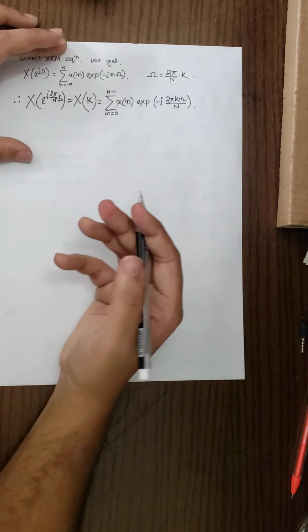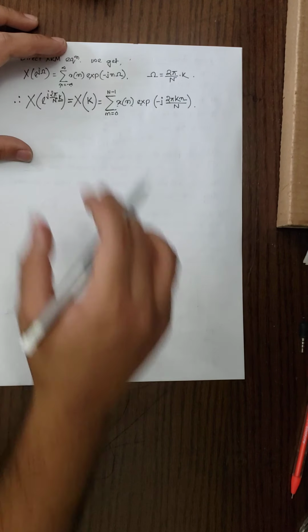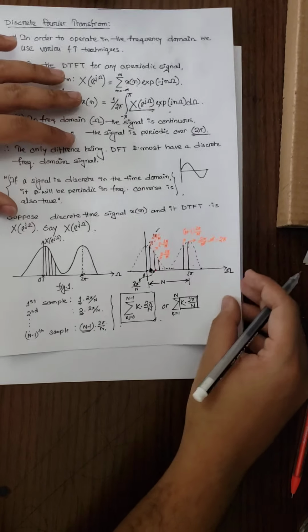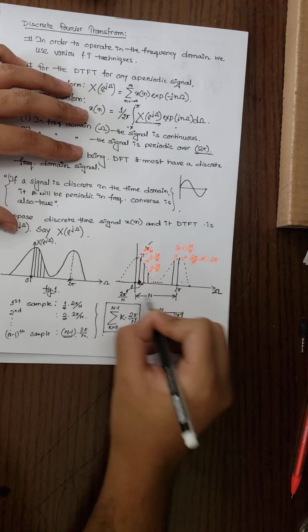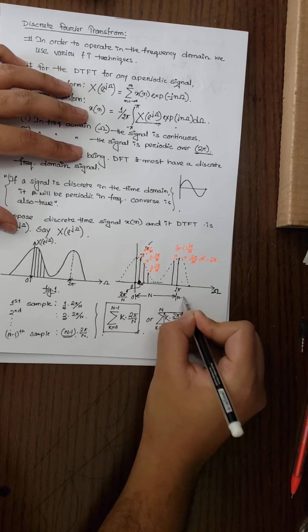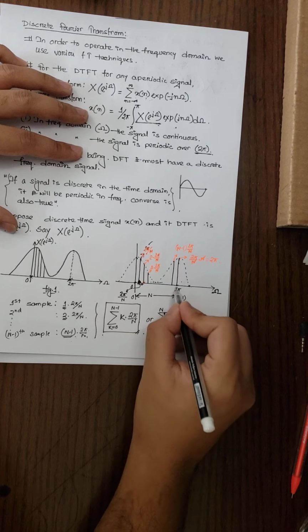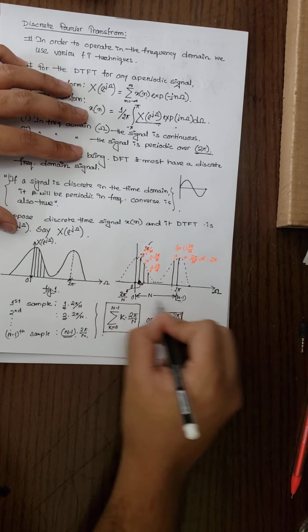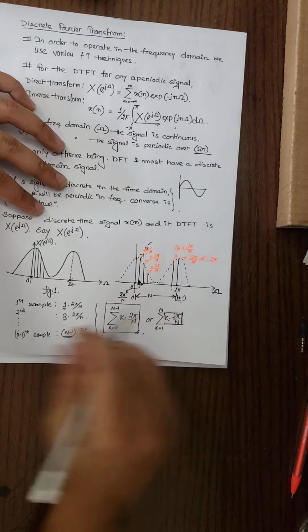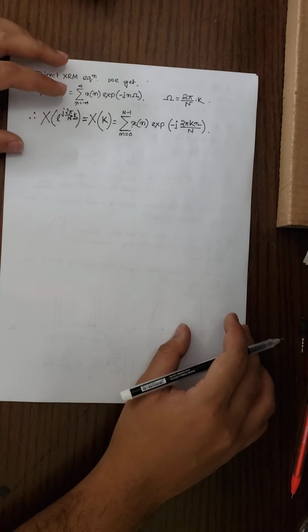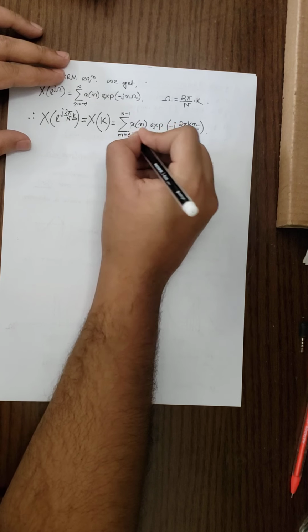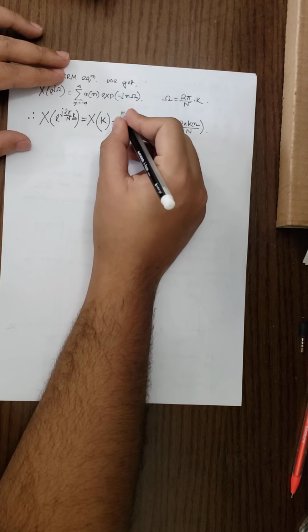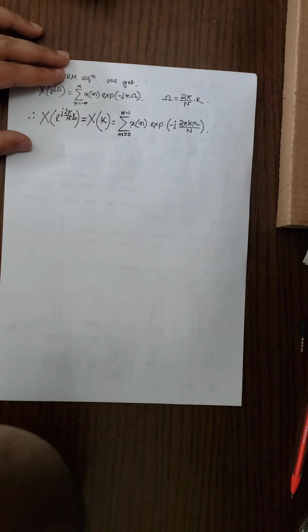Now why 0 to n minus 1 and not 0 to 2 pi or minus pi to pi? Because if you look closely, 0 to 2 pi and 0 to n minus 1 samples, which is this sample, are essentially the same thing. So since we are operating in the discrete domain, it is better to write n which goes from 0 to n minus 1 rather than 0 to 2 pi. It makes our life much easier regarding the calculations.